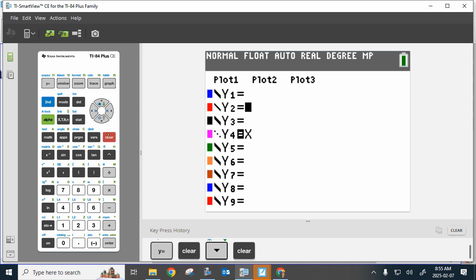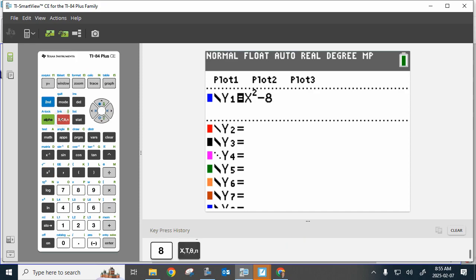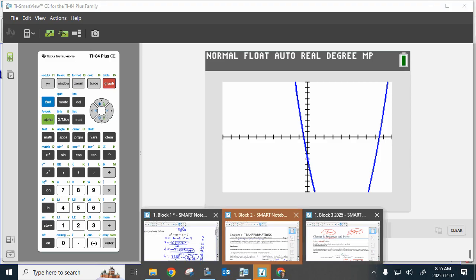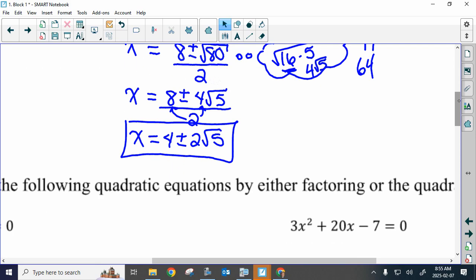We know that when we're solving a quadratic equation, we're finding the exact x-intercepts. So if I put x squared minus 8x minus 4, and I take a look at the graph, if I use those answers, my answers were 4 plus minus 2 root 5.